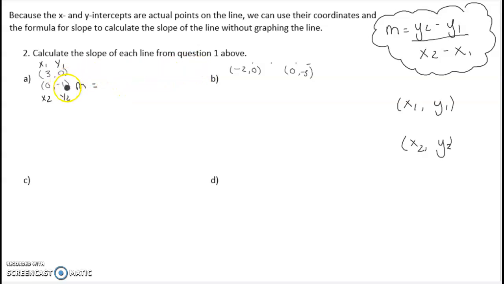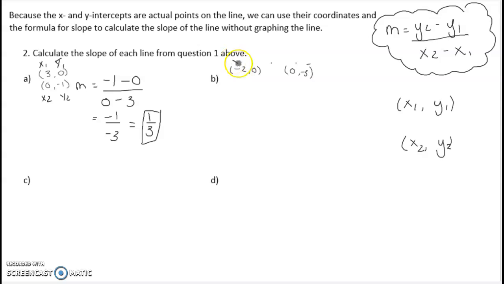So using our formula, y2 is -1 minus y1 which is 0, divided by x2, which is 0, subtract x1, which is 3. And now we do the math. So -1 take away 0 gives me -1, divided by, on the bottom, 0 minus 3 gives me -3. And then negative divided by negative gives us positive 1/3. So that's our slope.